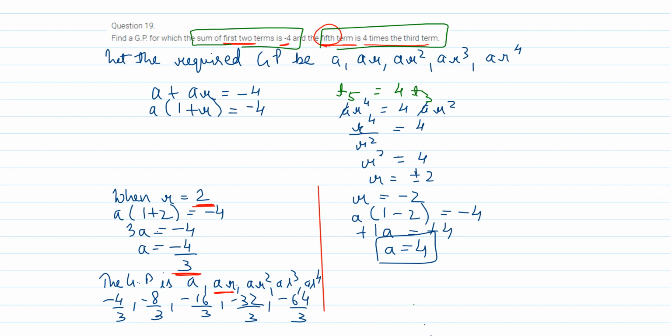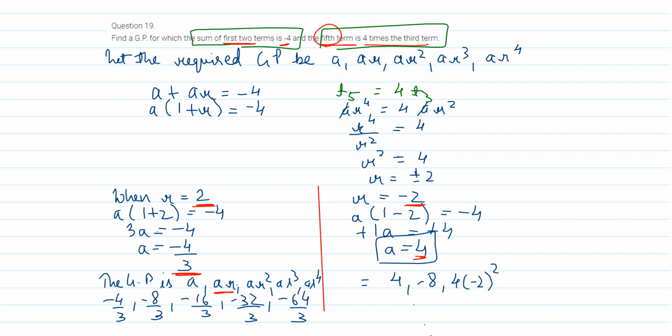Here also, students, my required GP will be a, where a is 4, and then ar, so I have to multiply 4 into minus 2, which gives minus 8. Then ar square, where r square will give plus, because it will be 4 into minus 2 raised to square.